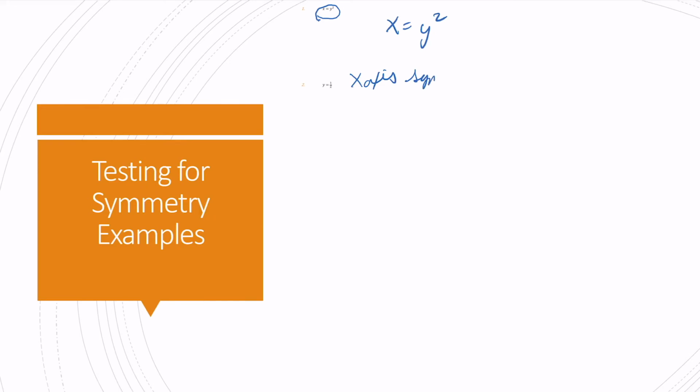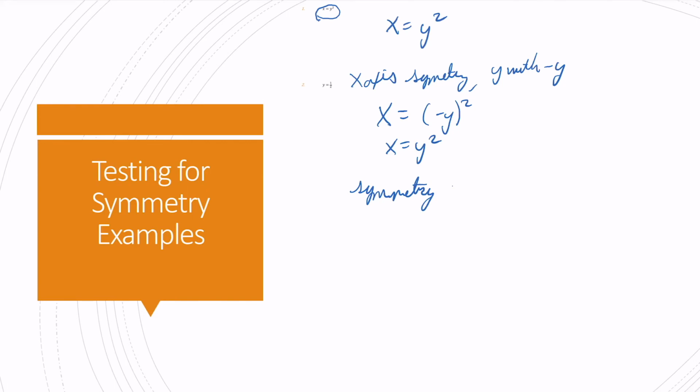That means I replace y with negative y and see if I get the exact same equation. So I have x equals negative y squared. Well, that's going to give me x equals y squared. So the graph of x equals y squared has symmetry about the x-axis.